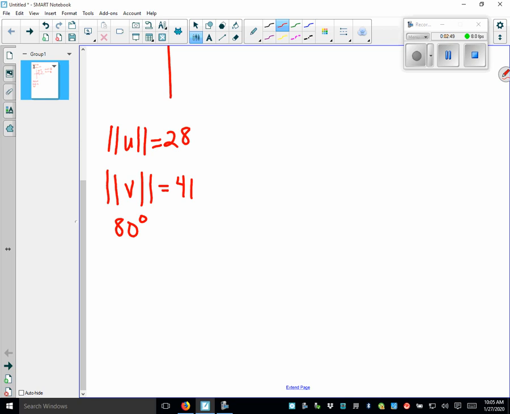I'm sorry, what were the directions again? Find the magnitude and direction of the sum, if u and v are given as this.